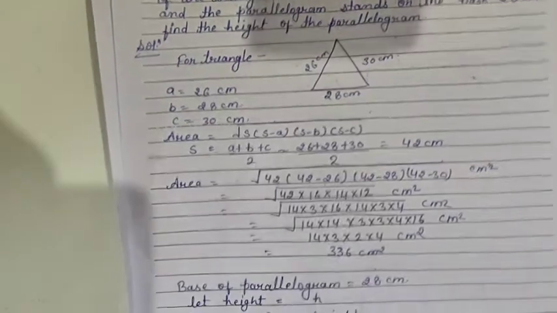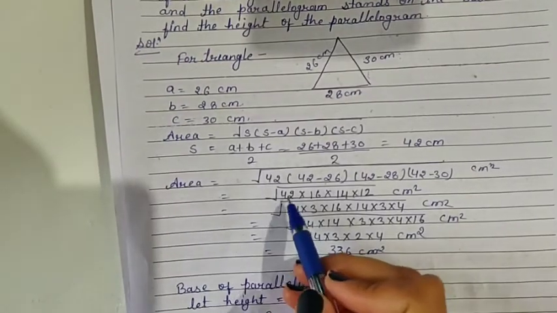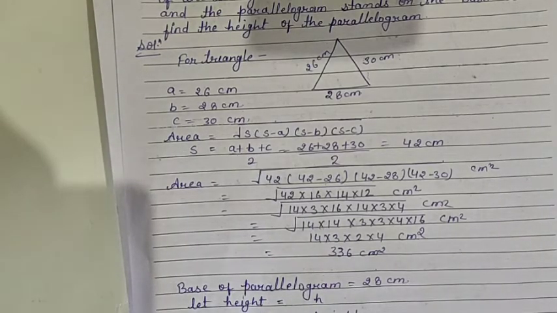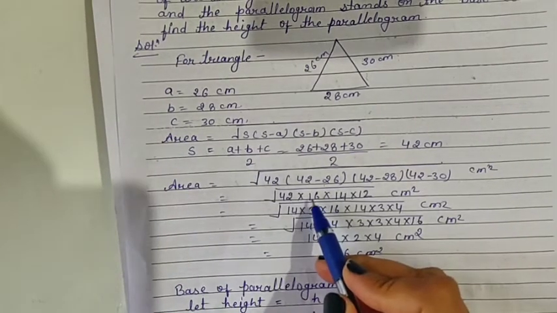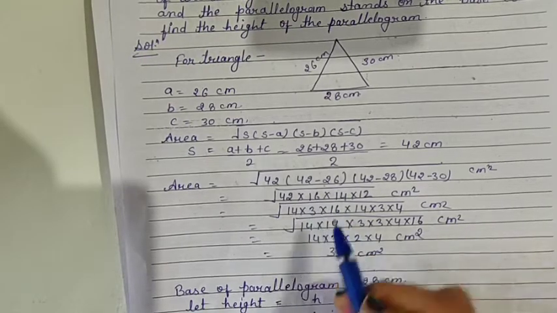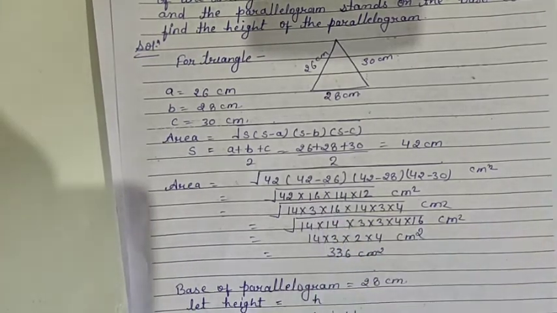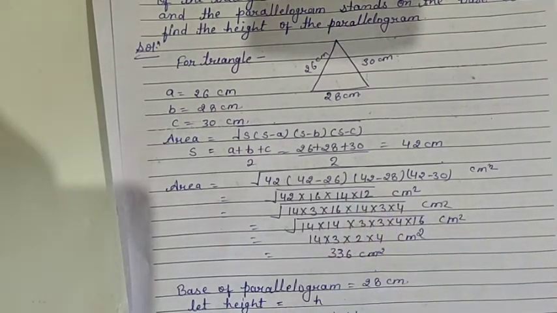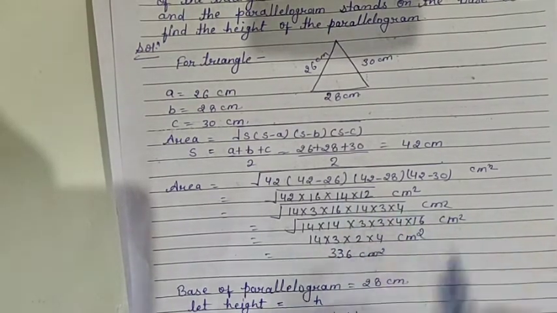We can write 42 as 14 into 3, because 14 into 3 equals 42, and you know that square root of 16 is 4. So we will put it as it is. 14 and 12, we will write 12 as 3 into 4 centimeter square.